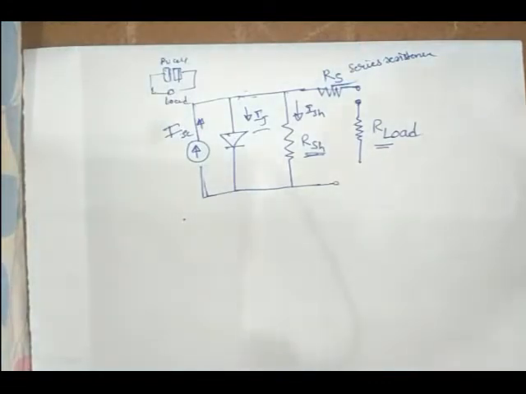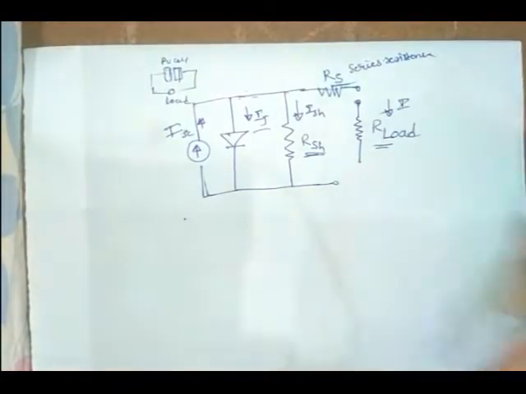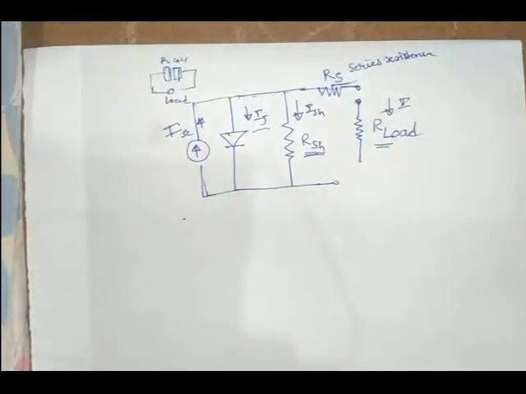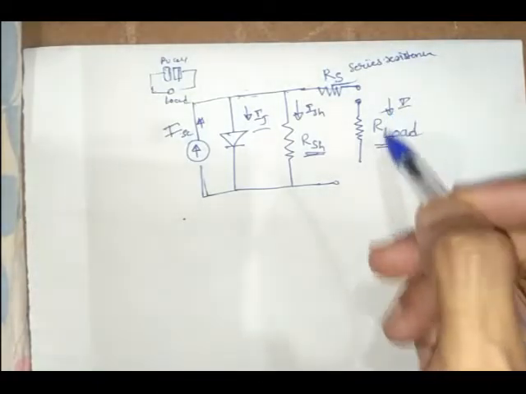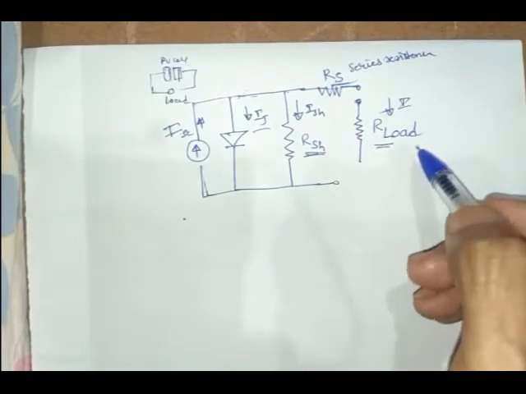And next we see I is the current that passes through the load resistance RL. So I is the current which flows through the external load resistance R load, and this current flowing through the R load has a voltage across it.